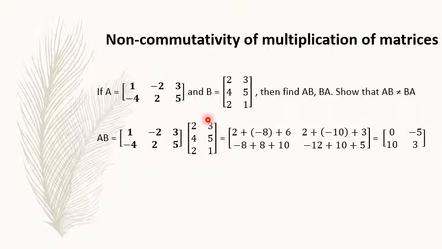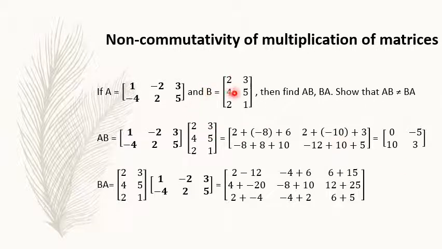Second row, second column, here is the last element. So we take the element wise product and take the sum. So the answer is a 2 by 2 matrix. Why? Because A has 2 rows and B has 2 columns. Then the product AB has order 2 by 2.